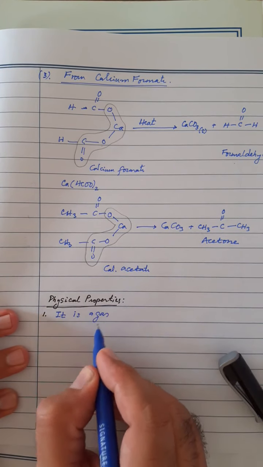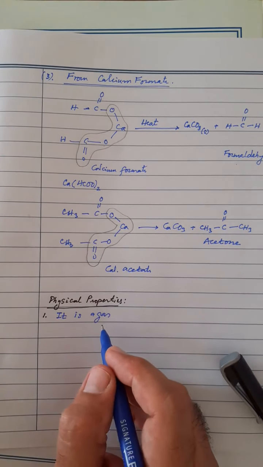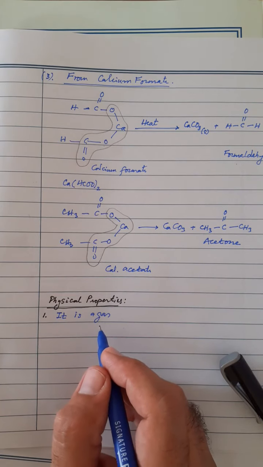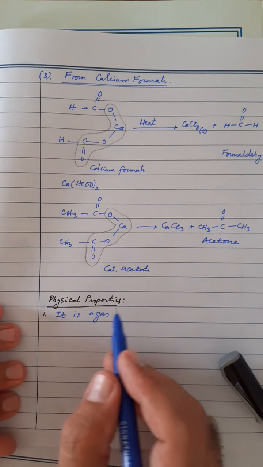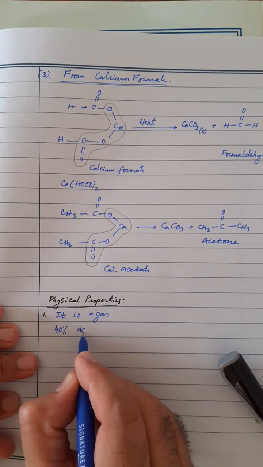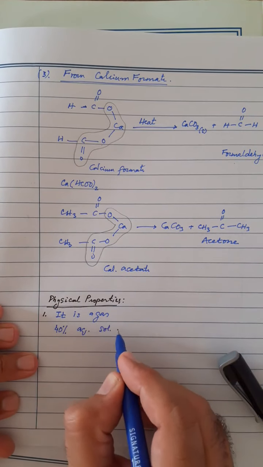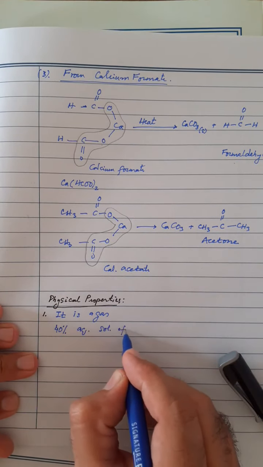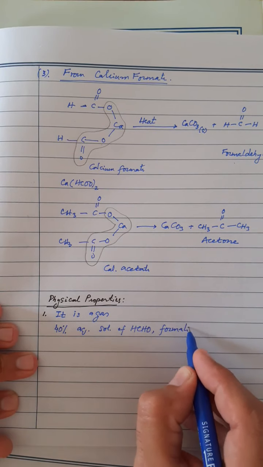Okay, so number one, it's a gas, and the one we see or purchase from the market is the 40% aqueous solution of HCHO. It's called formalin.